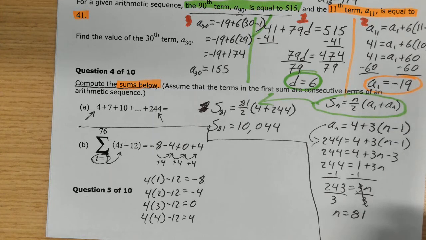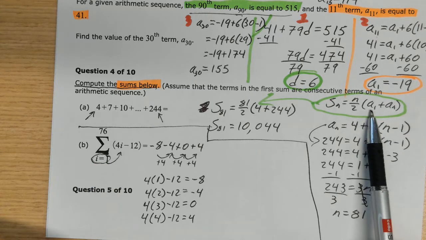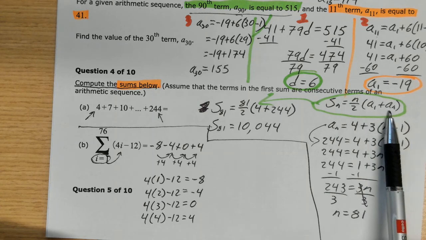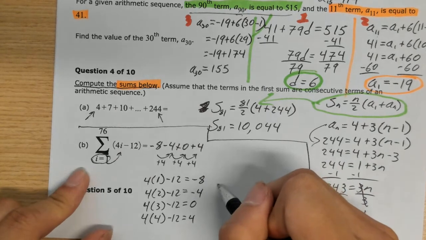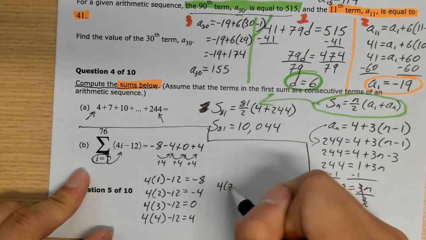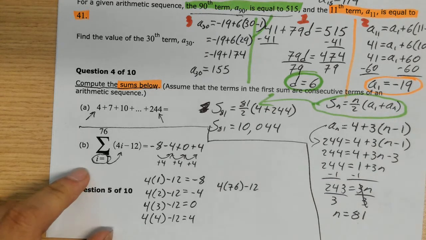You need the first term and the last term. How do we find the last term? Plug 76 for I. You'll get 4 times 76 minus 12, which gives you the last term.